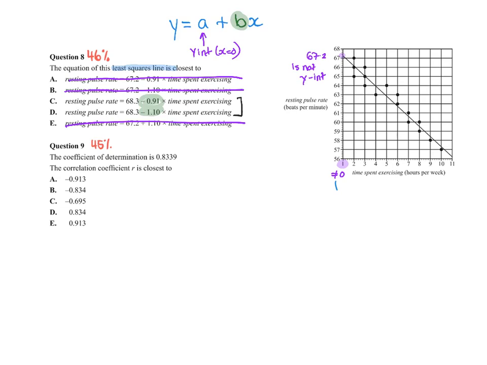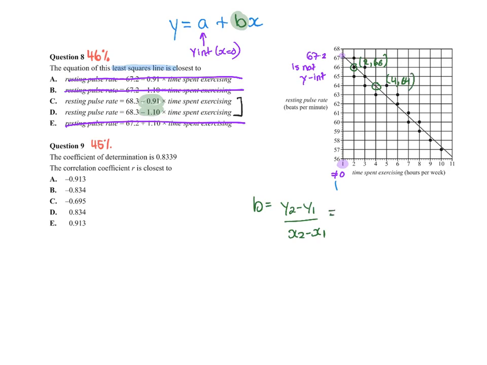So the way you find the B is you can actually use y2 minus y1 over x2 minus x1. So I decided I'm going to use this point here because the line goes through it. So I'm going to use 2 and 66, and this one as well, which was 4 and 64.